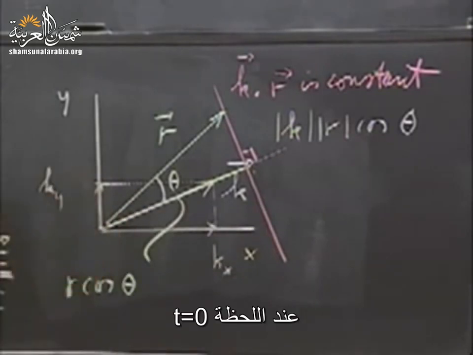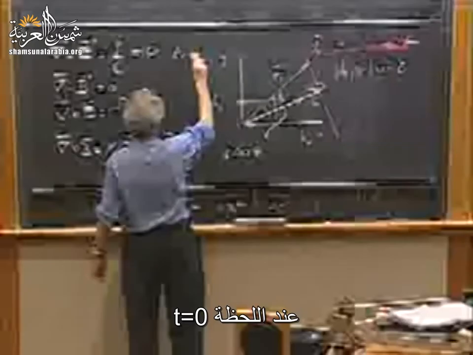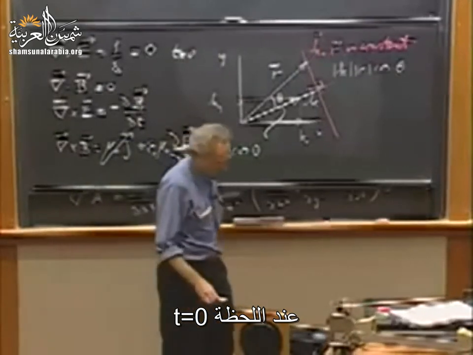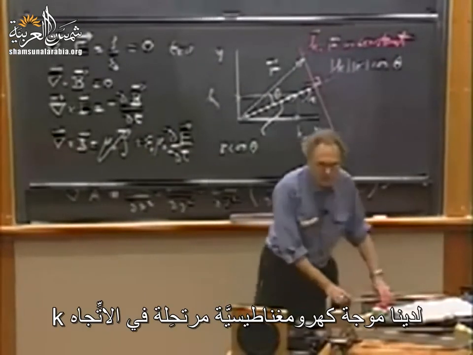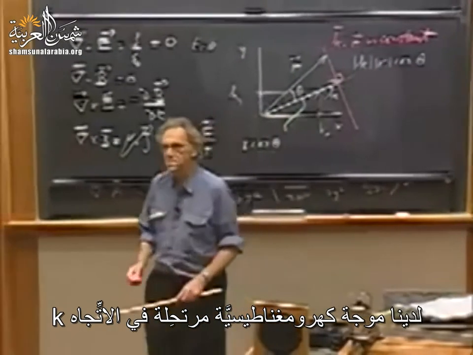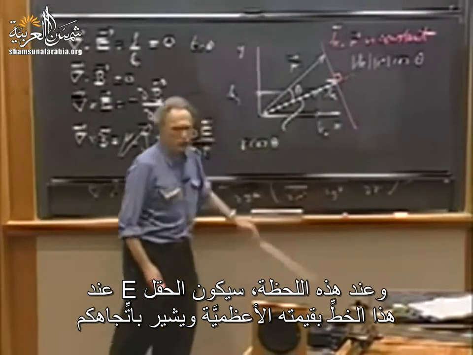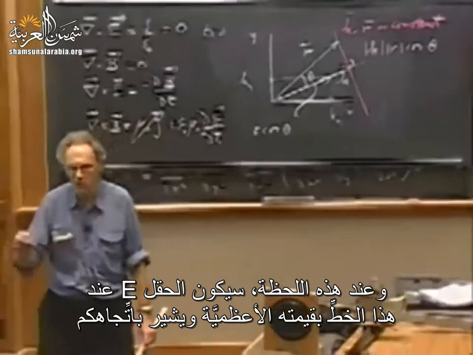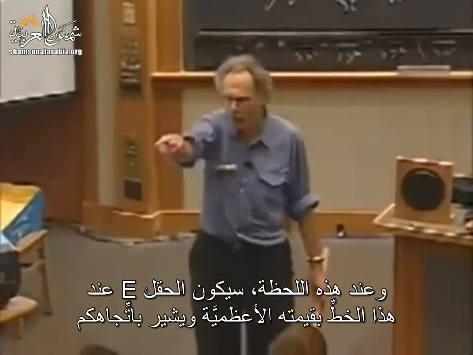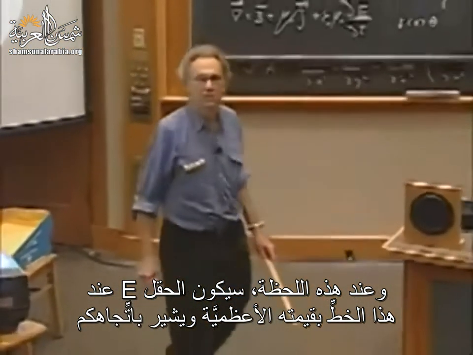Now, at a given moment in time, at t equals 0, we have an electromagnetic wave traveling in the direction of k, and this line happens to be the line where the E field at this moment in time is a maximum and pointing in your direction, say.